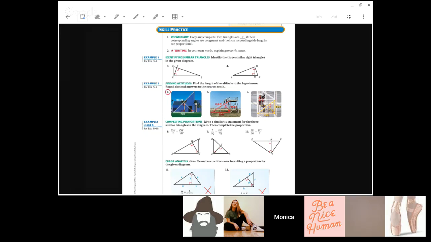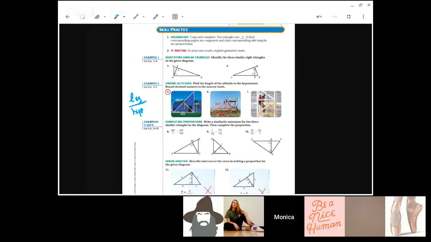So basically that tells us we're going to set that up as leg over hypotenuse. It doesn't matter, you could do hypotenuse over leg. You're still going to come out with the same answer because ultimately you're still going to be cross multiplying and dividing by the same numbers.